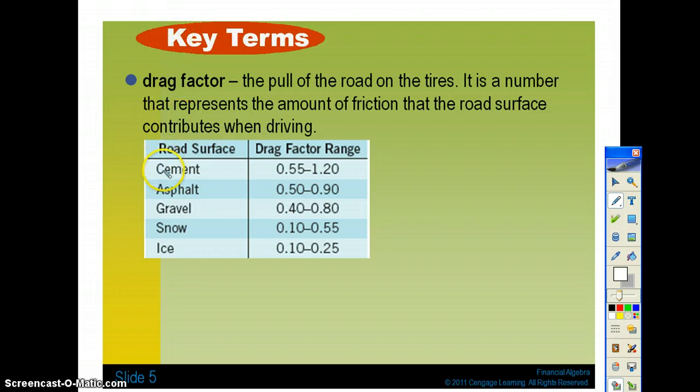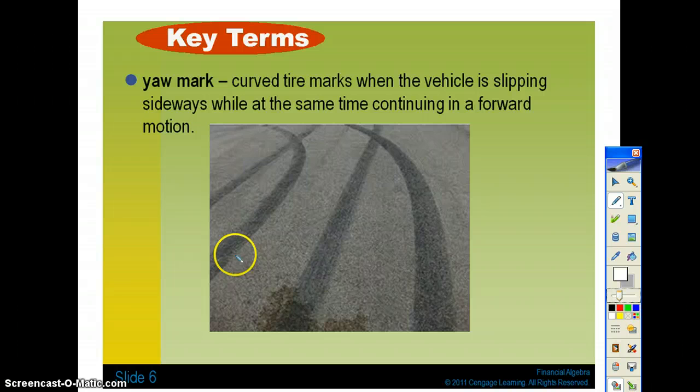Obviously, if you're driving on cement, those conditions are a lot better than driving on ice. So you can see here that the drag factor on cement is between 0.55 and 1.2, versus on ice, you're looking at 0.10 to 0.25. So your drag factor, the pull of the road on the tires, is a number that represents the amount of friction that the road surface contributes when driving.